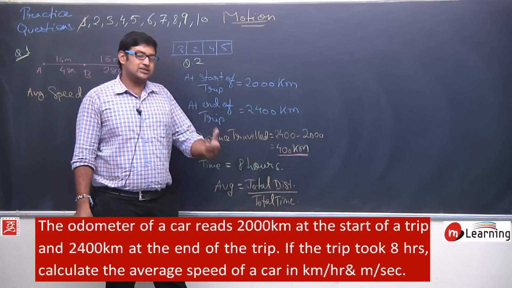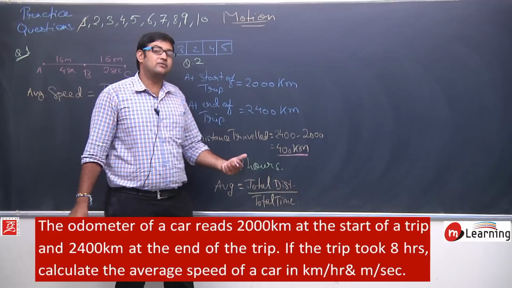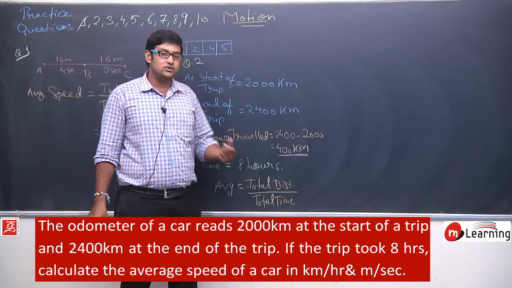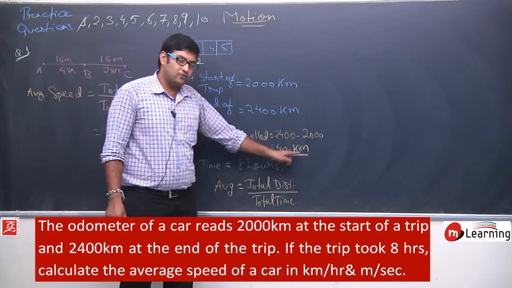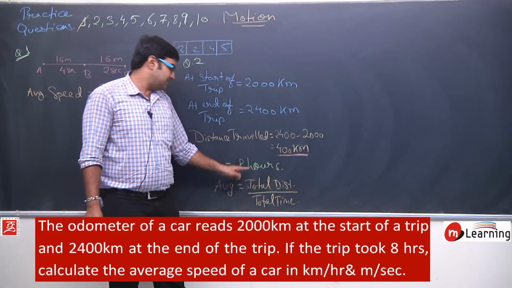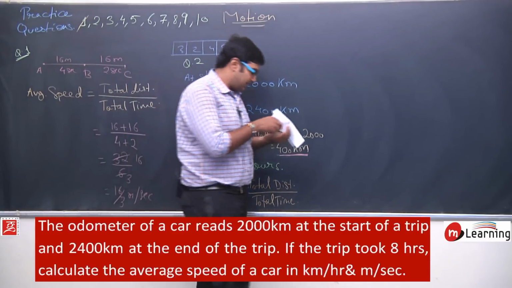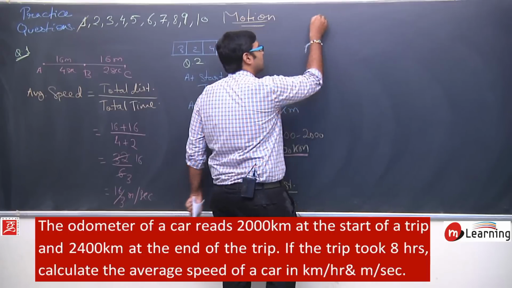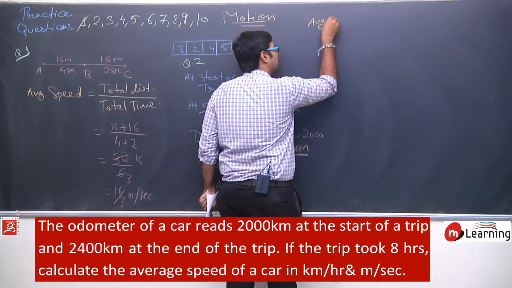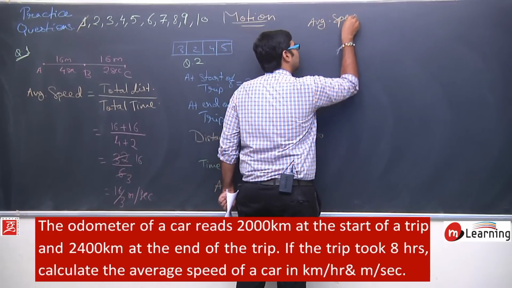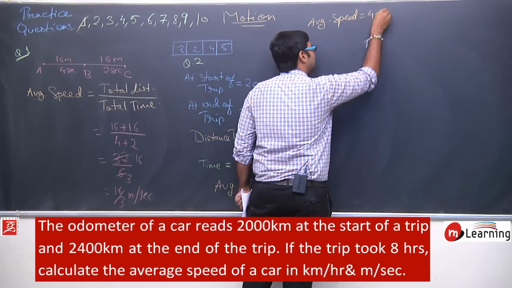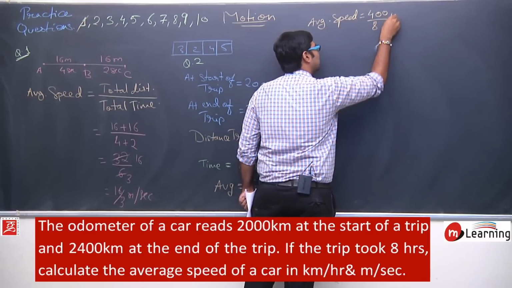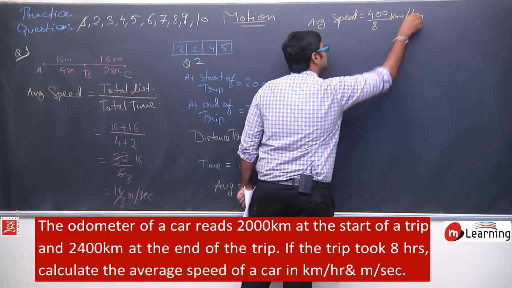So in this trip, what is the average speed with which I have traveled? So here the total distance would be 400 kilometers, total time is 8 hours. So here I will write, average speed would be 400 upon 8 kilometers per hour.